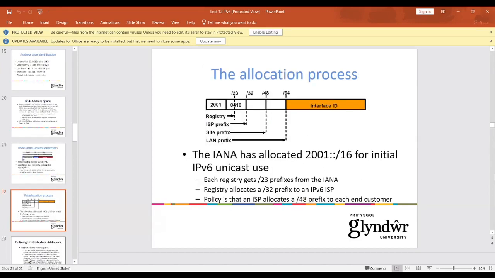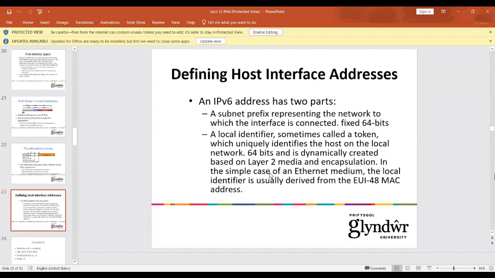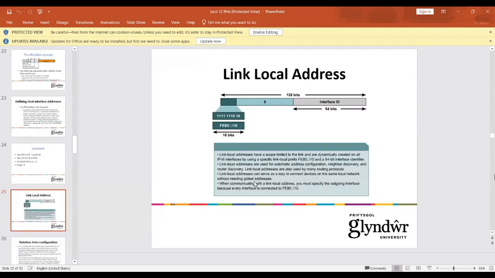And these are the allocations. IANA has allocated these numbers, the global prefix, and the extended unique identifier. I have explained it.